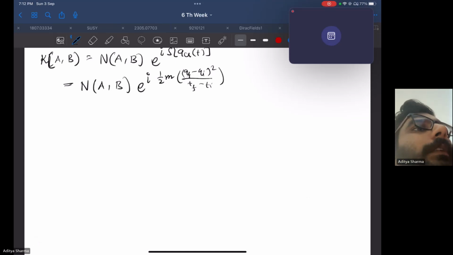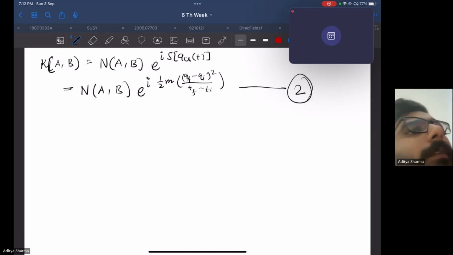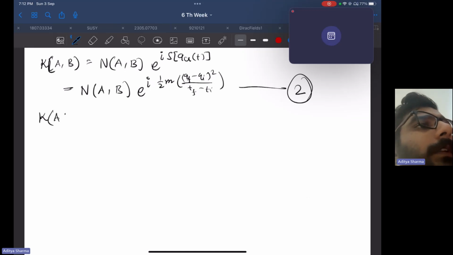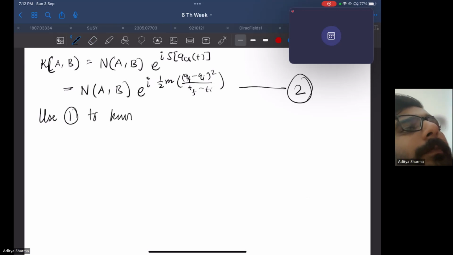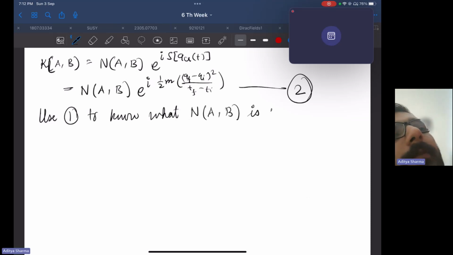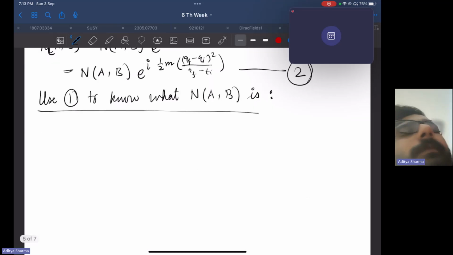Okay, great. Now we are going to use this result. This is the second. So actually we have the result now that K_AB is this thing and we want to use one to know what N_AB is. So N_AB is just a normalization factor.